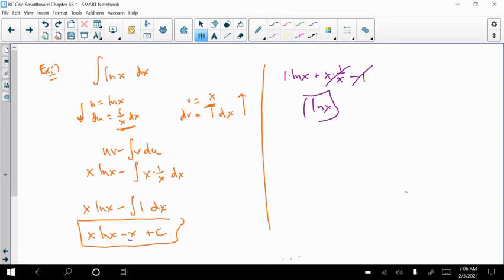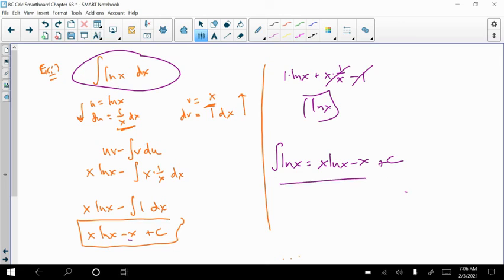So awesome. And some students decide to memorize this antiderivative. If it comes up so often, the antiderivative of ln x, some students just say, hey, I know it's x ln x minus x plus c. I suppose it's up to you if you wanted to memorize that. I don't think you have to. You could just use integration by parts to show, oh, here it is, and there's your antiderivative.